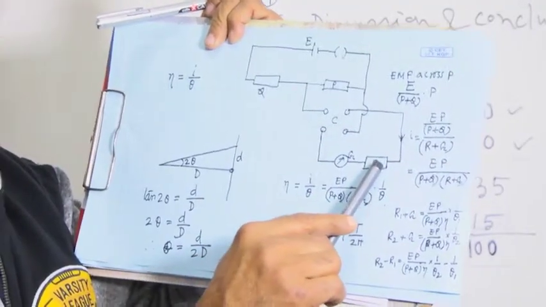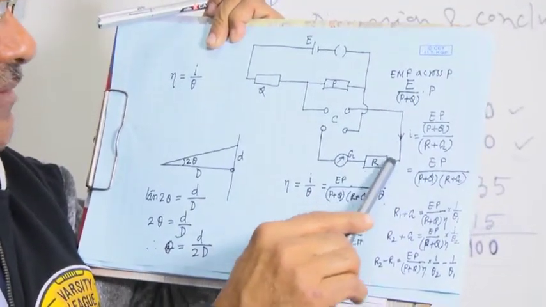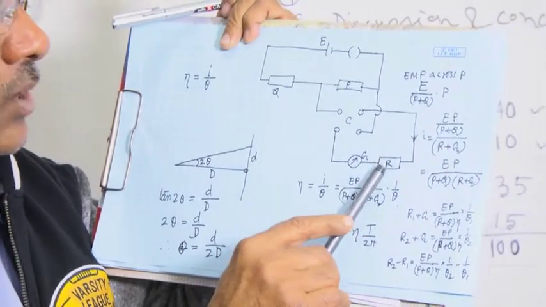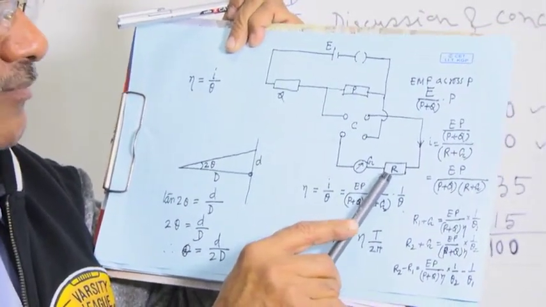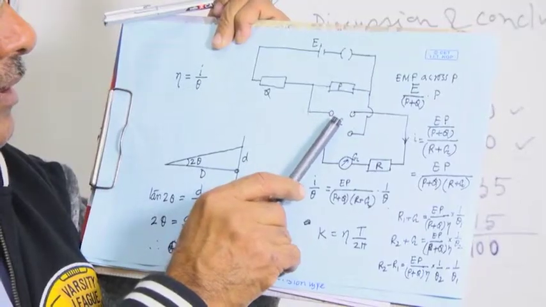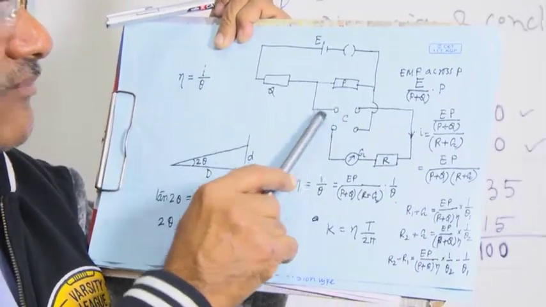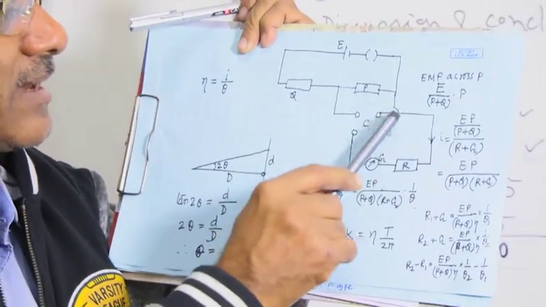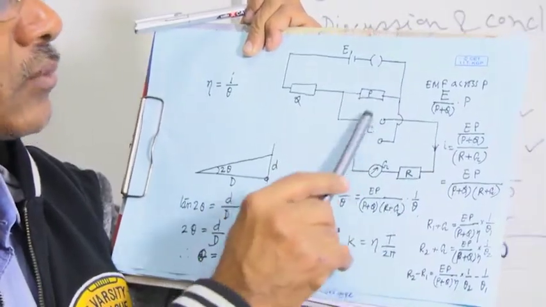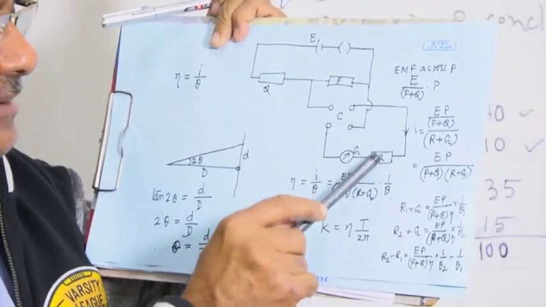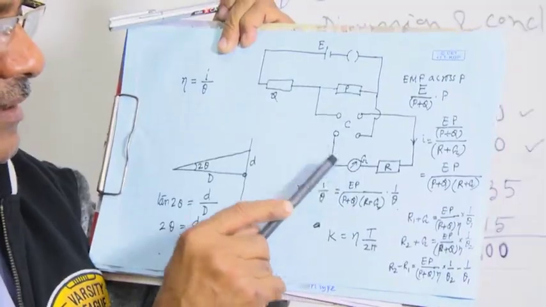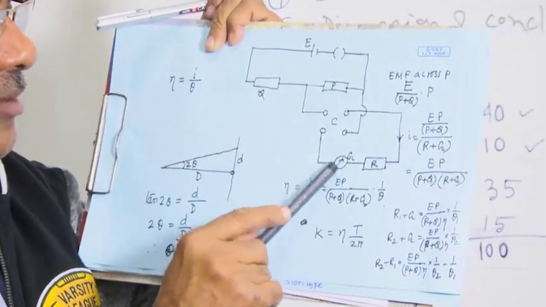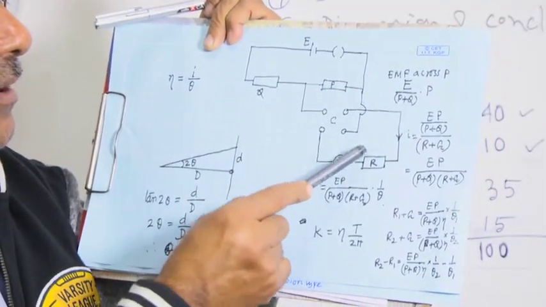So, in series we have added one resistance box, that is R. Now, if the power supply is connected here, then current will flow through this. Now, this current passing through the galvanometer, that I can control.